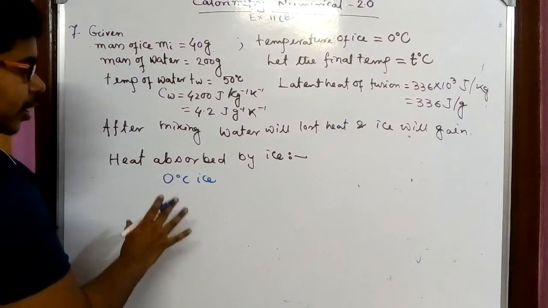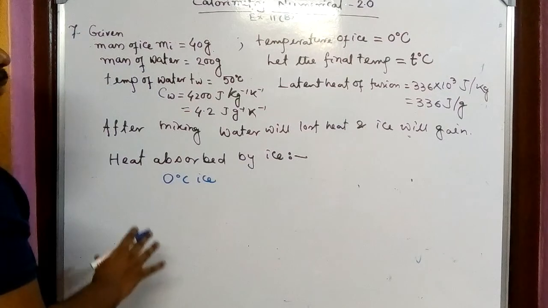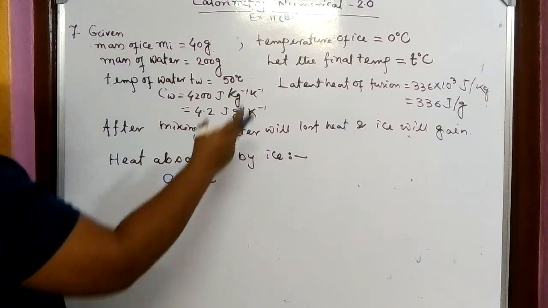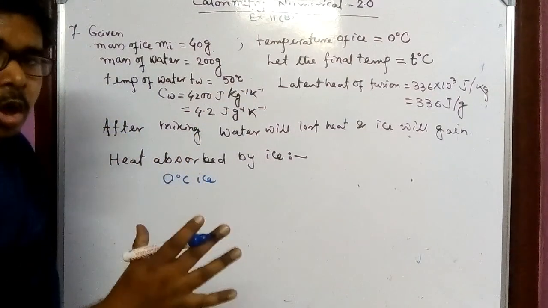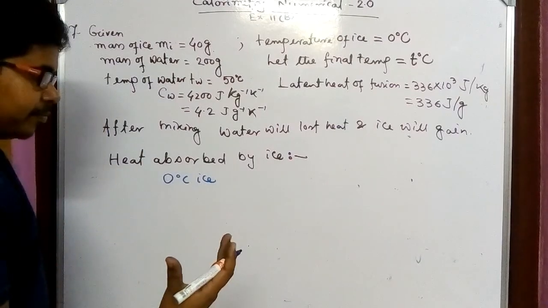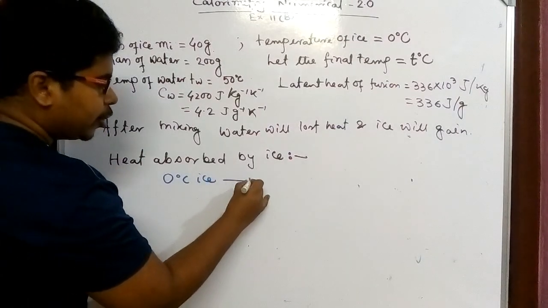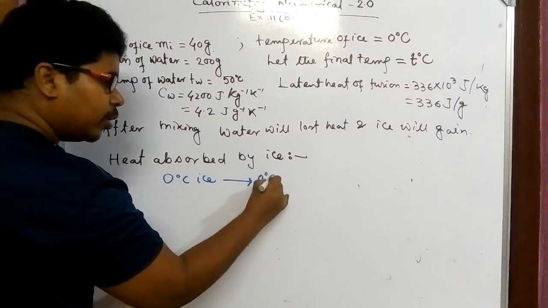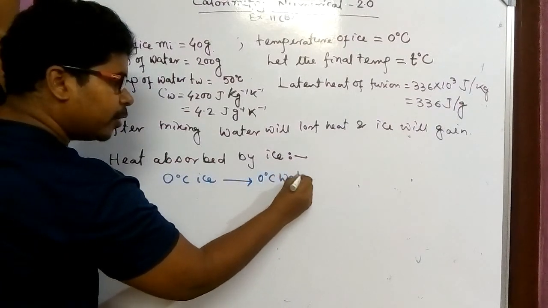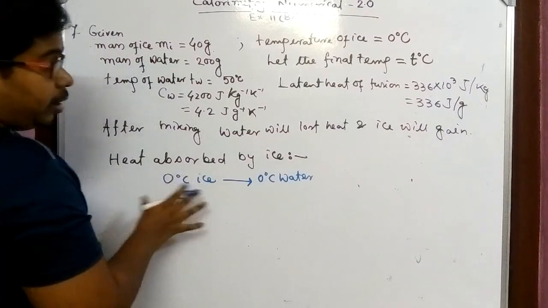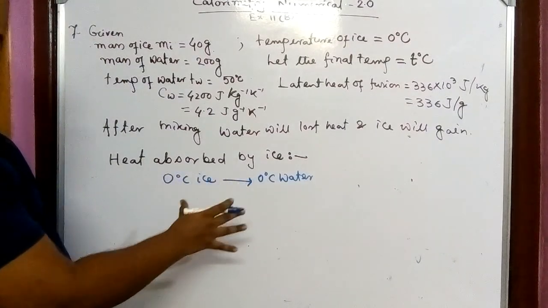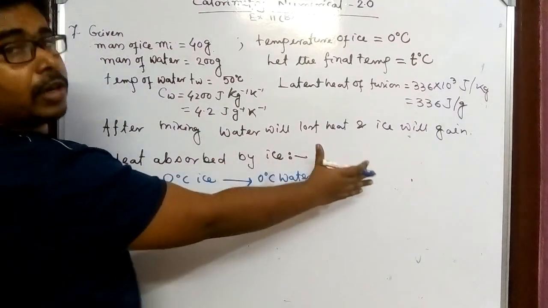So from 0 degrees centigrade ice, it has to go to T degree centigrade of water, because it is told all the ice should melt. So if it melts, 0 degree centigrade ice should convert into 0 degree centigrade water first, because this state change will occur. After that you will go further.